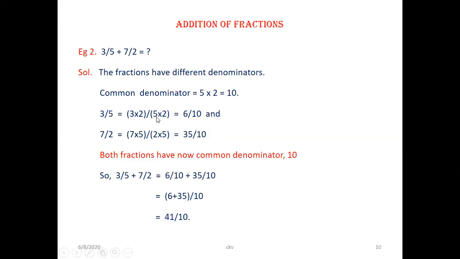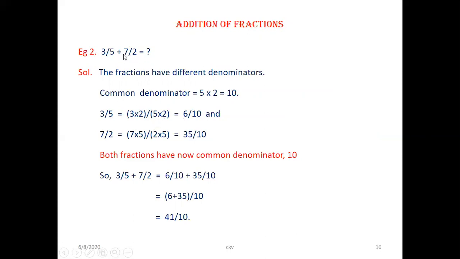Since I multiplied the denominator with 2, I have to multiply the numerator also with 2, so that you get the fraction 6 by 10, which is equivalent to 3 by 5. You're writing an equivalent fraction from the given fraction 3 by 5, and the value of 3 by 5 is the same as 6 by 10. That's why these two are equivalent fractions. I multiplied 3 with 2 and multiplied the denominator also with 2.